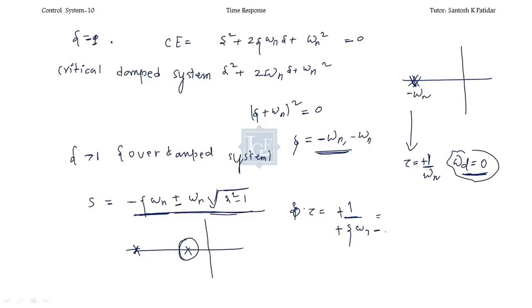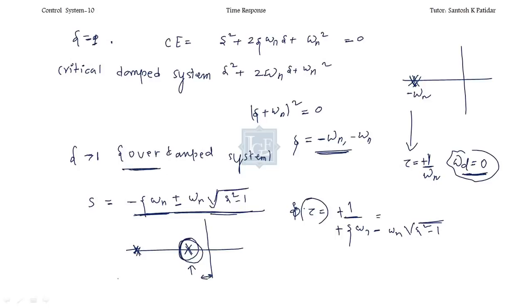Minus minus will become plus, so finally you'll get zeta omega n minus omega n square root of zeta square minus 1. This will be your time constant. If you are having two poles like this, you have to consider the dominant pole. This one is the dominant pole. The pole which is near the imaginary axis will give the time constant. Correct. So this is the case for the overdamped system.